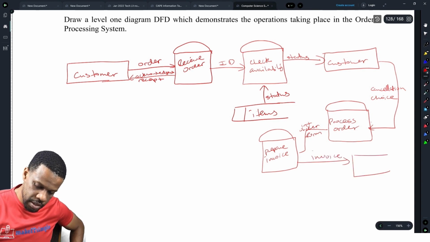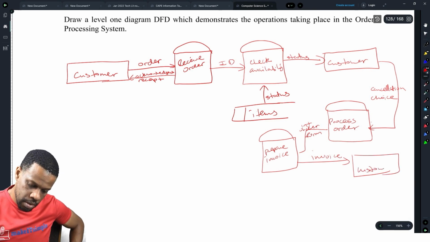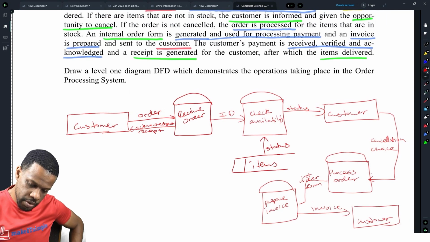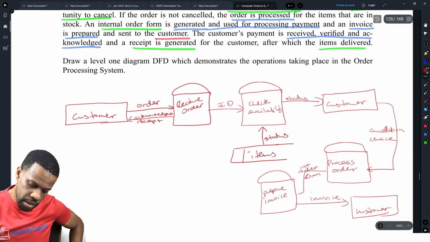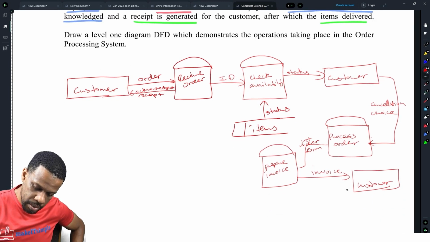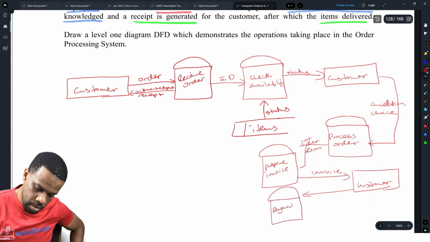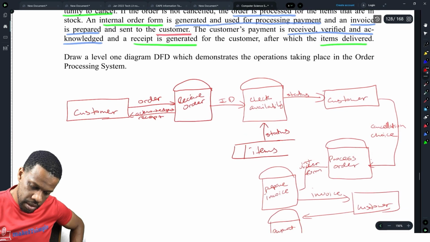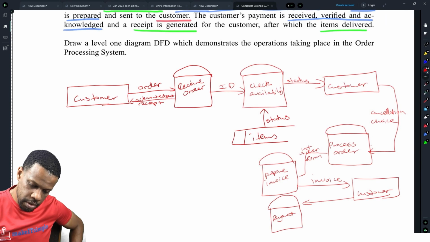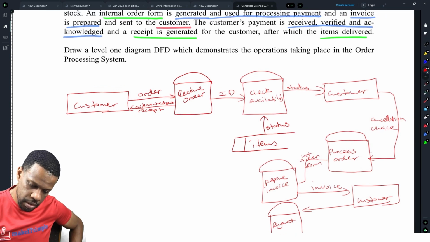Invoice is sent to customer again. The customer's payment is received, verified and acknowledged, and a receipt is generated. So then the customer will send back their payment to this one. Customer sends their payment. And a receipt is generated and sent to the customer.